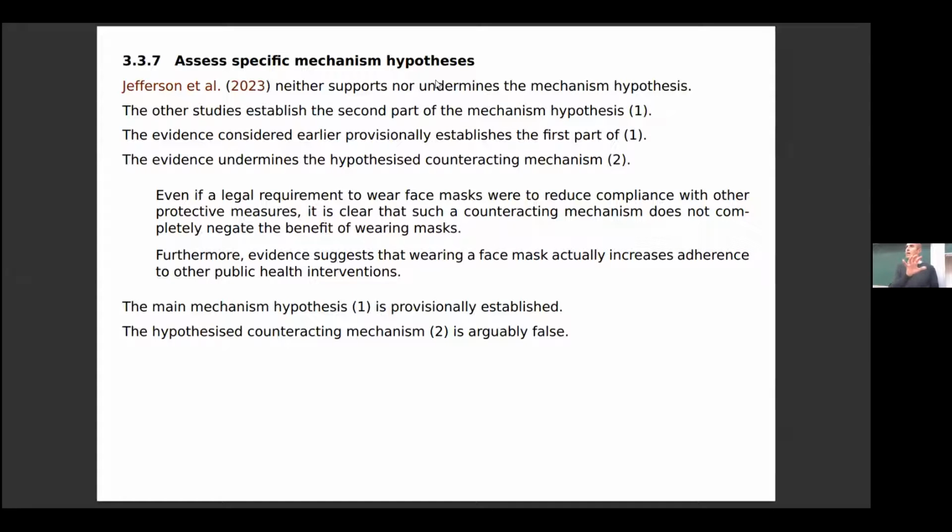So the first part of the mechanism is provisionally established, the second part is established. Overall, we would say that the mechanistic studies provisionally establish the mechanism. And for the hypothesized counteracting mechanism, there's actually some pretty good evidence against that, so that is arguably false.